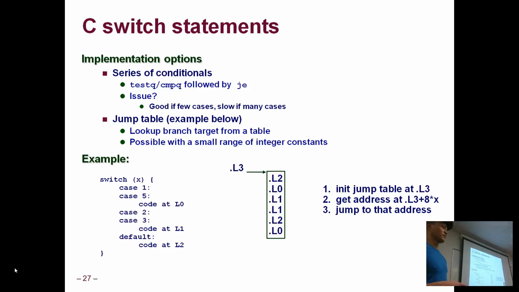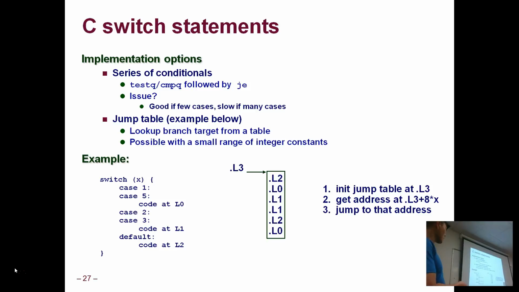Yeah. So doesn't that assume that your cases are actually linearly distributed in some way? Yeah, this is the nicest thing you could give this implementation, right? There's a small range, and it starts at 0. So I can use this x, and my jump table is only going to be like 6 entries long. That's great. That's ideal. But here's the key. This is an order 1 operation, right?